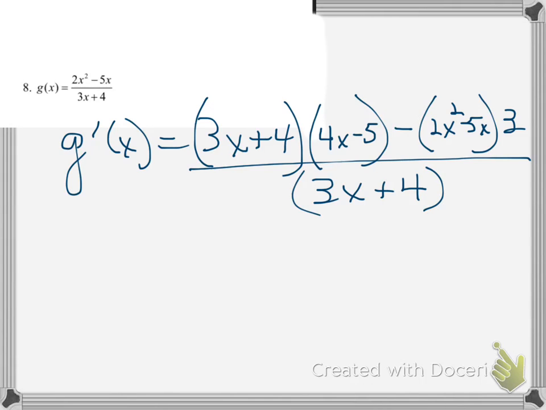Alright, so I only have one 3x plus 4 in the denominator and one in the numerator, so I can't do anything to cancel or factor out. And this is squared. So I'm going to focus on my numerator, and I'm going to FOIL and then combine like terms.